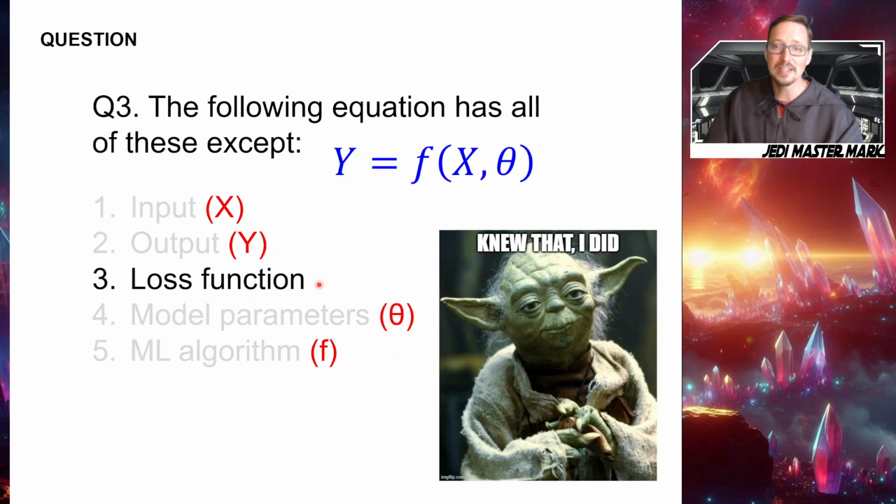Now, all you really need is new inputs in order to make a prediction. So the loss function is, in essence, a choice. It's kind of like a hyperparameter, so to speak. It doesn't reflect the final model and how it makes predictions. And the alpha term is nowhere in here either.